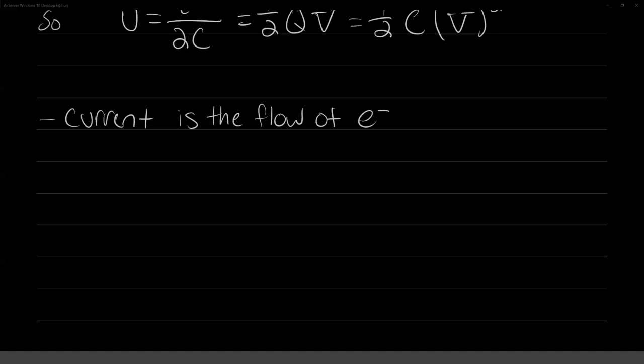What actually happens is electrons are negatively charged, right? If you have a battery with a positive end and a negative end, electrons in reality come out of the negative end and flow towards the positive.